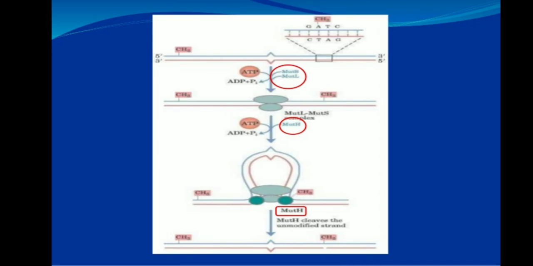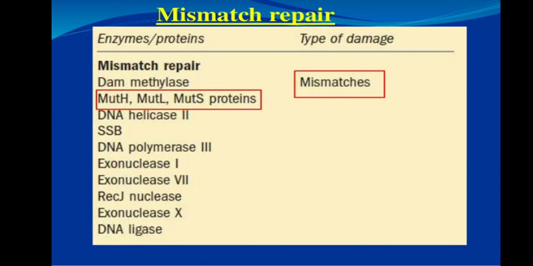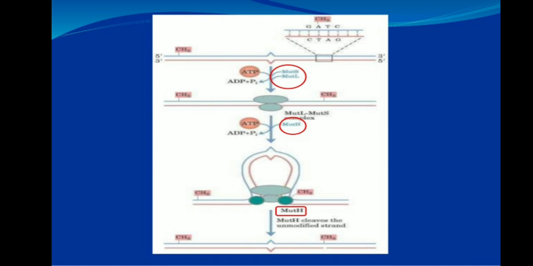Here the different kinds of enzymes get activated to correct such mutations. With damage induced by DNA damaging agents, a base is modified, and thus the glycosylase breaks the glycosidic linkage between a sugar and a base.